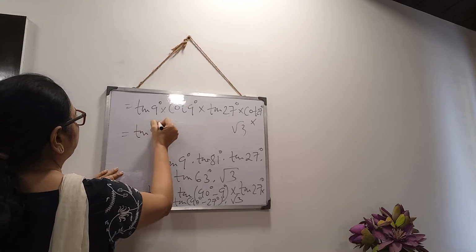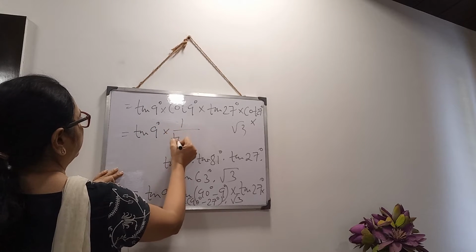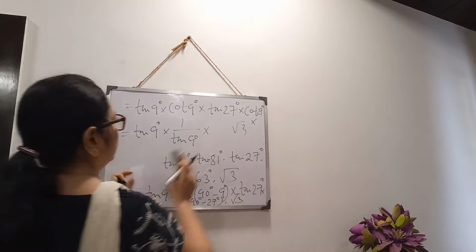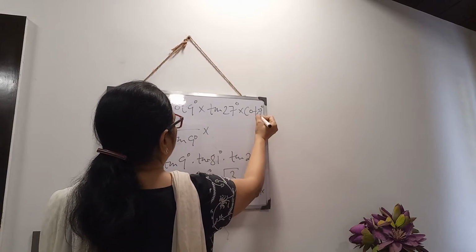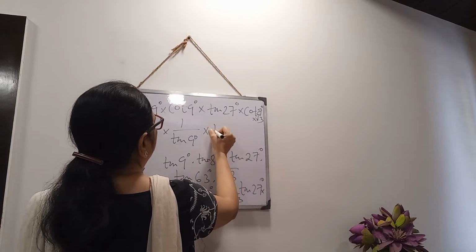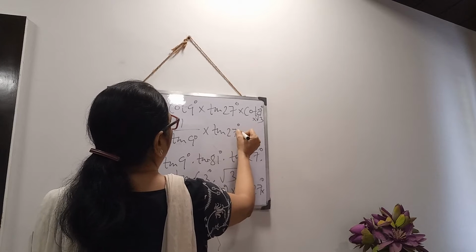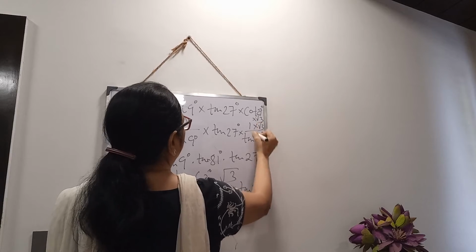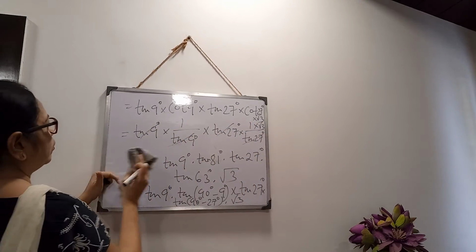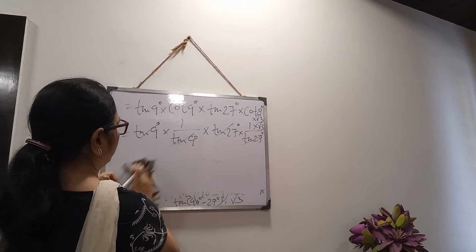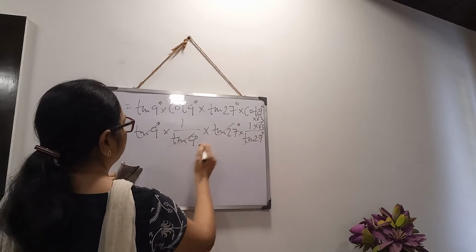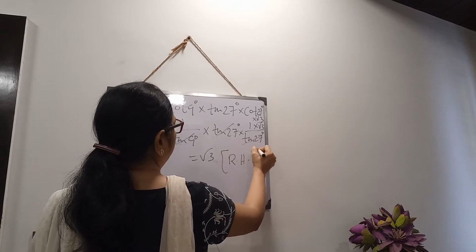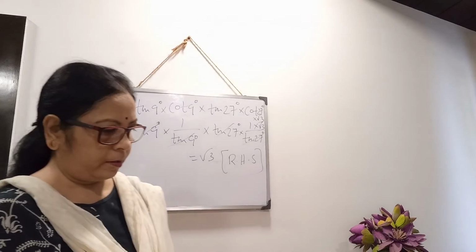Okay, I am writing this step. Cot means 1 by tan. Again 1 by tan into root over 3. This is cancelled out. So finally what are we getting? Only root over 3. So proved, right hand side. Clear?